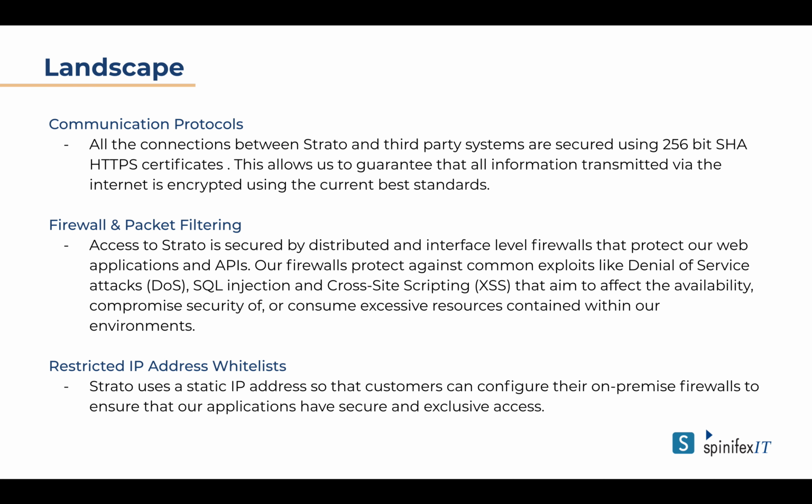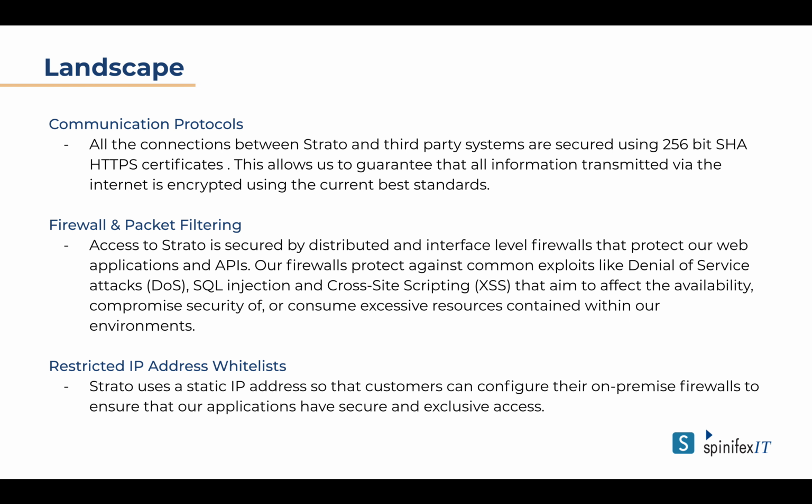In terms of landscape, it was part of the first part of the video, but really all our communication protocols are using secured 256-bit encrypted connections and certificates. So it allows us to really guarantee that the information is encrypted on the internet.